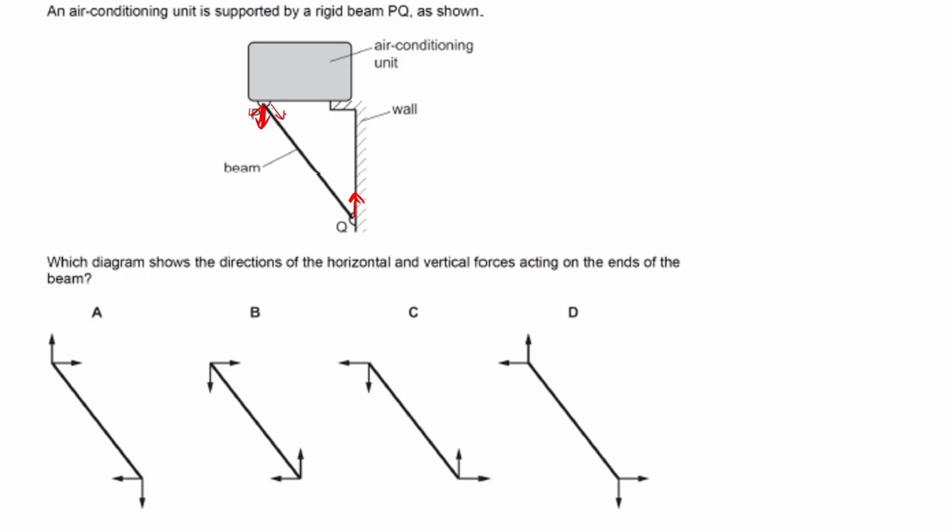I think that's how you describe it. Because this force going on it is like this, right? It's going in the direction of this way. So then this is made up of two components, like that. And thus the wall should also just cancel out those components. So I believe the answer is B.